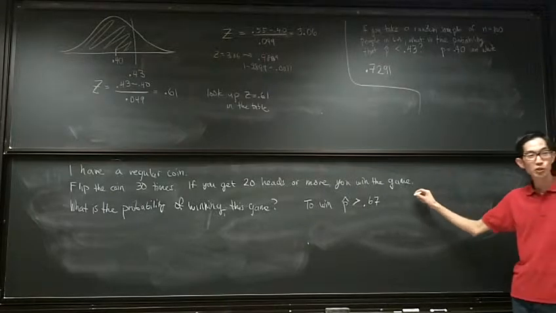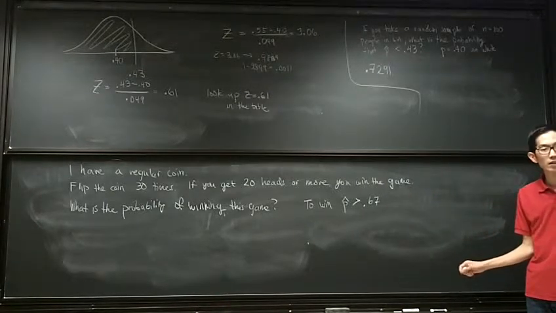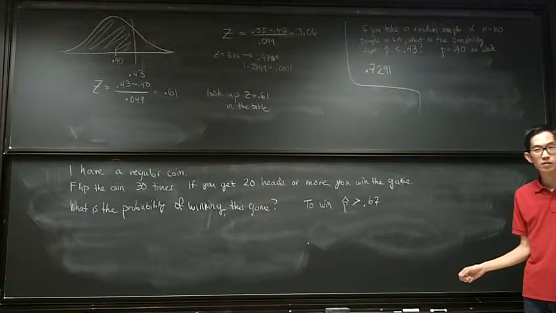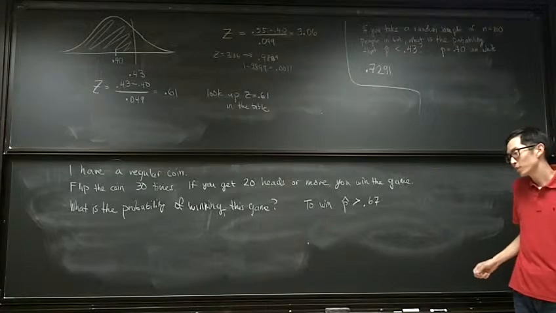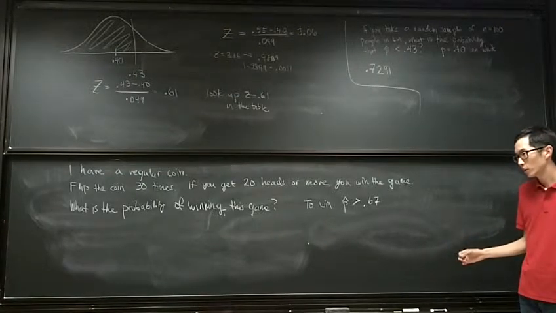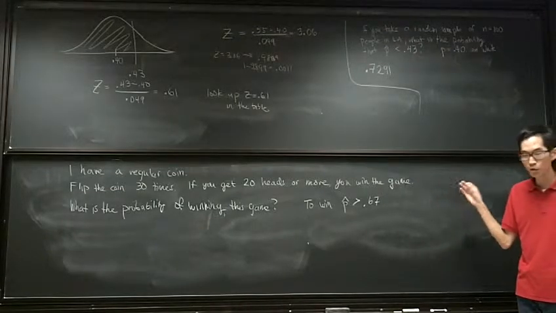What is the distribution of p hat? It's a sampling distribution. Well, p hat can take on any value from 0 to 1. That's true. But it's going to be normal.